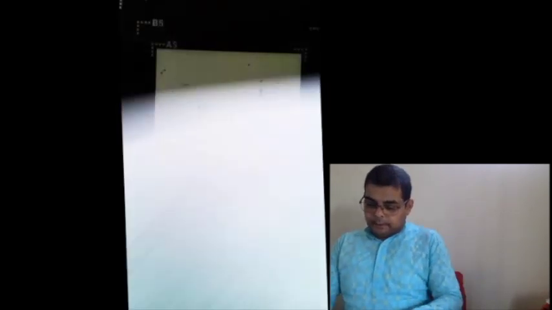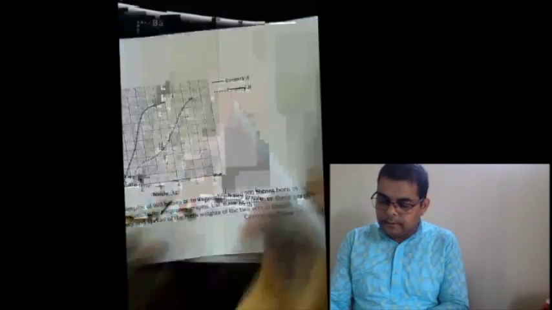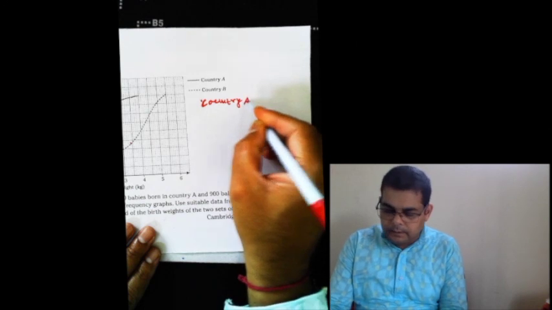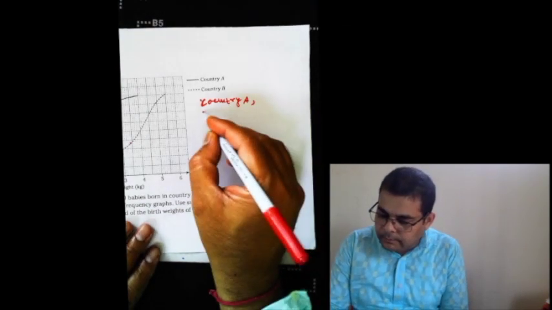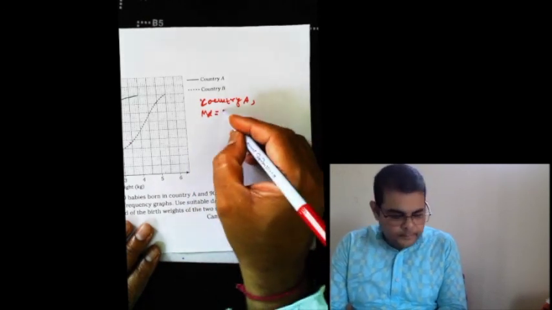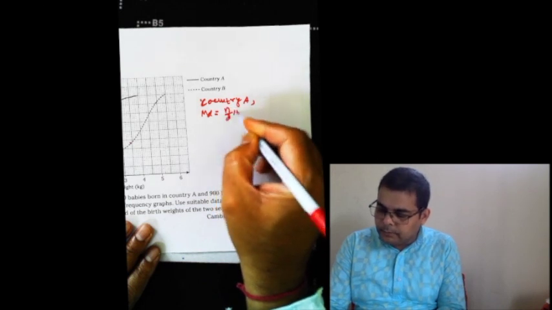So here in this graph, what you can estimate actually, like work for country A. Then in country A, if you want the value of median, the value of median will be given by n by 2 item.